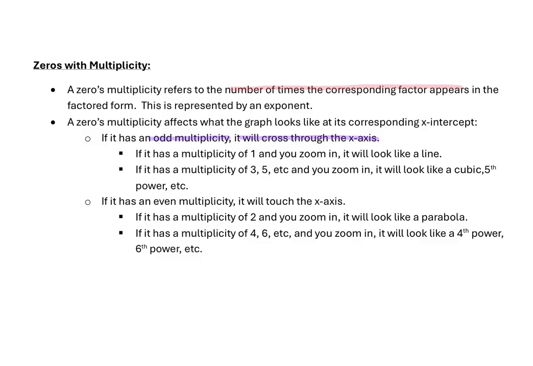And so for odd multiplicity, we're going to have one of two things. If it has a multiplicity of 1, if you zoom in, it's going to look like a line. On the other hand, if it has a multiplicity of 3, 5, or any other odd number, when you zoom in, it will look like a cubic or a fifth power or something else.